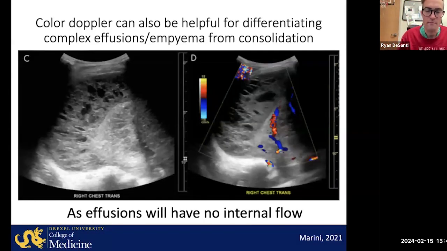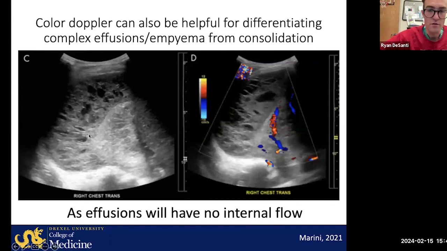One instance in which I can see color Doppler being beneficial in pediatrics is when you have multiple septations within a pleural effusion, or the effusion is very complex and hard to differentiate whether it is parenchyma or an effusion.